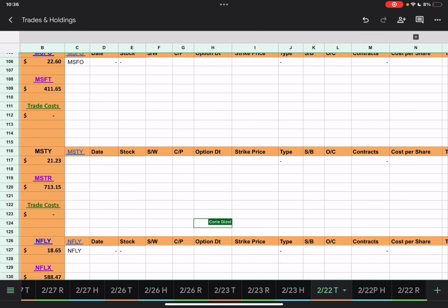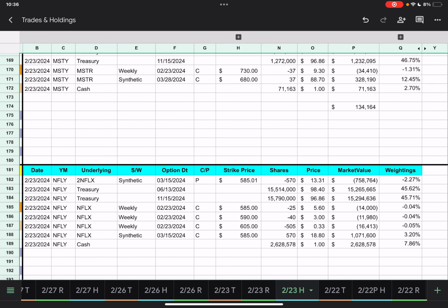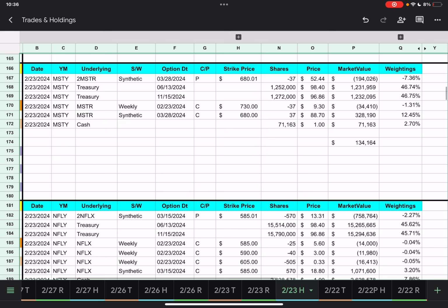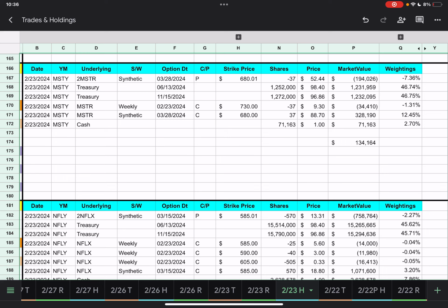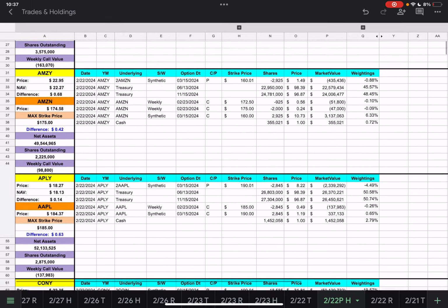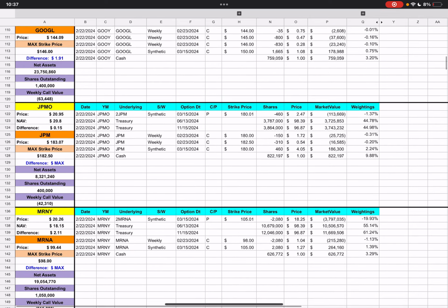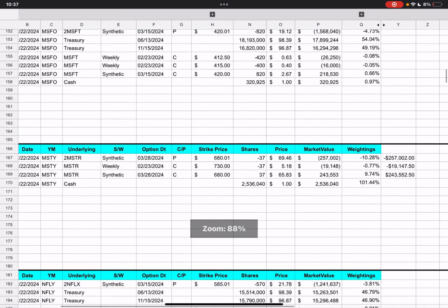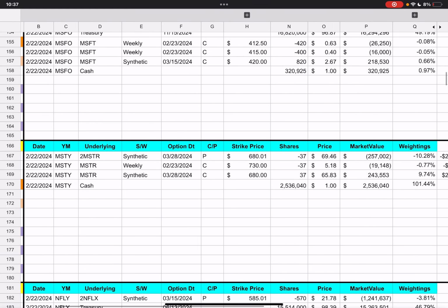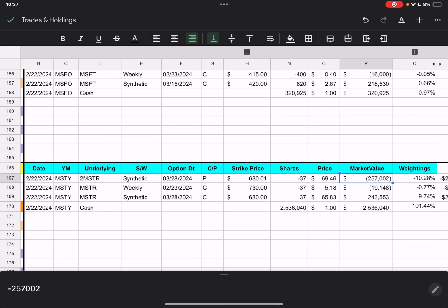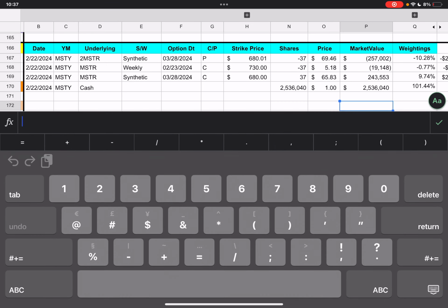I was here and I went to the left, right here, because you can see that I did that there. But that was the 23rd, so I should have gone to this tab. I went to the wrong tab, so my bad. I'm sorry. Okay, so right here, synthetic, that looks better. I thought I had it wrong.